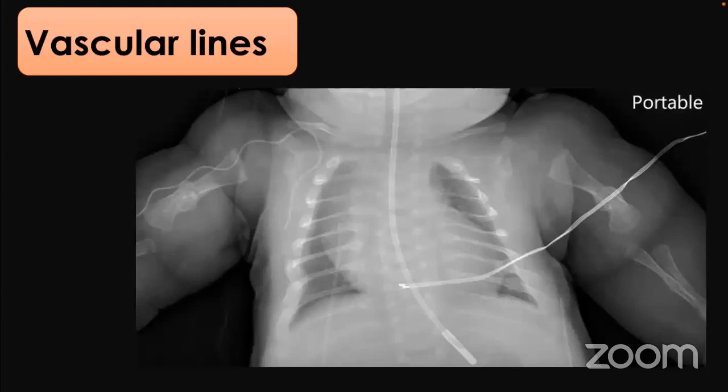And here as well, we have another malpositioned right peripherally inserted catheter. And this baby has fragile bone and multiple fractures. This is a case of osteogenesis imperfecta.